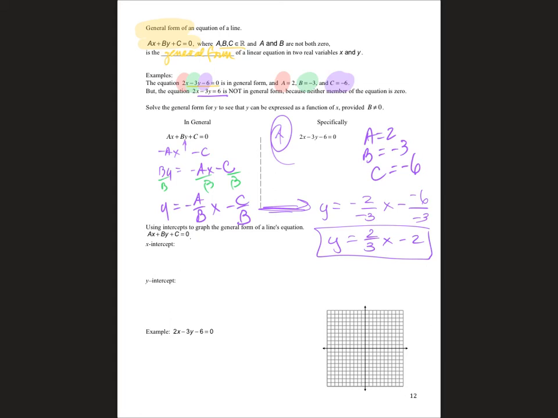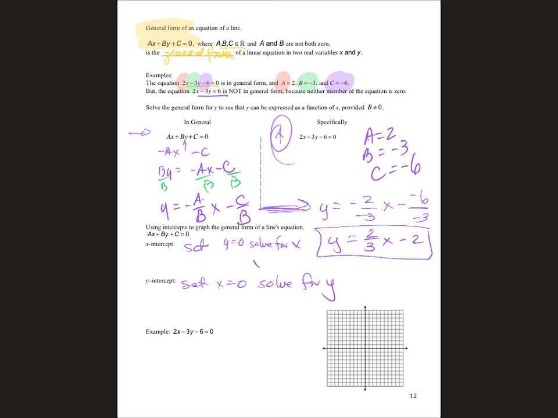Now, if I wanted to use intercepts to graph this, I could take this general form and show how to solve. Remember, to find the x-intercept we set y equal to 0 and solve for x. Here I would set x equal to 0 and solve for y. I'll leave that as an exercise.